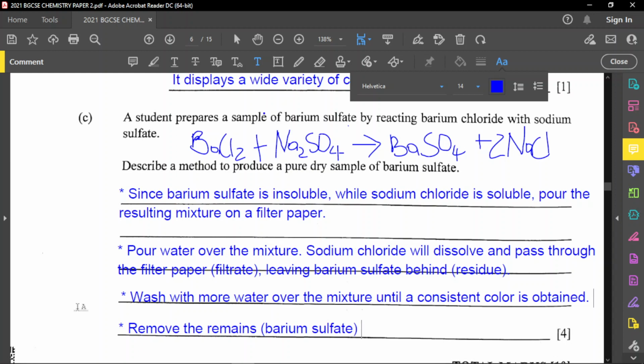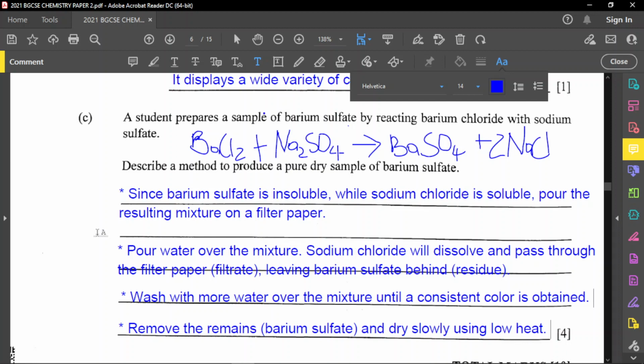Remove the remains, which is barium sulfate, and dry slowly using low heat, okay? So that's how you get a dry sample of barium sulfate.